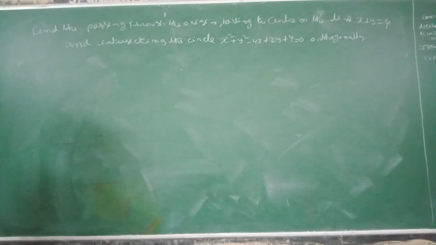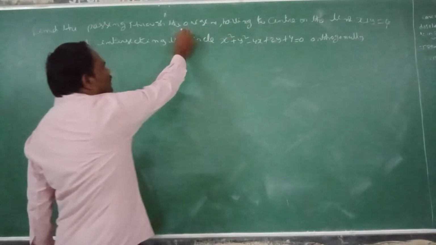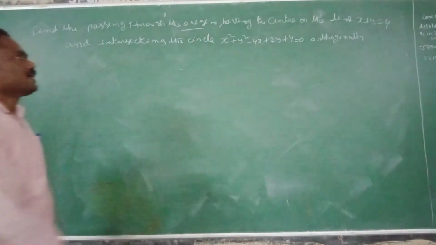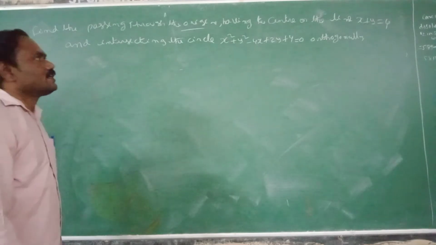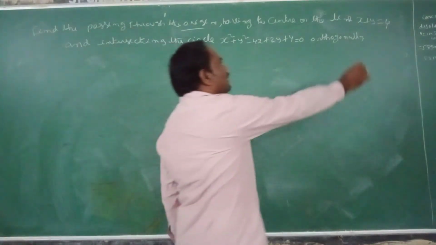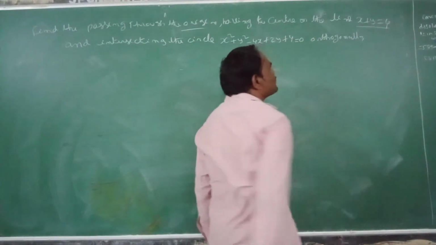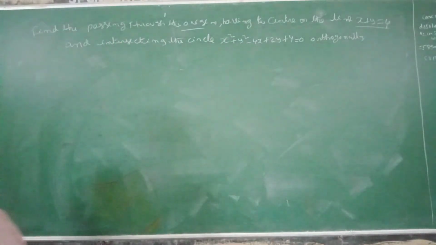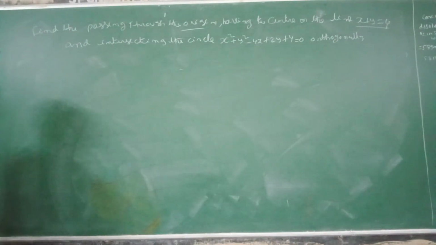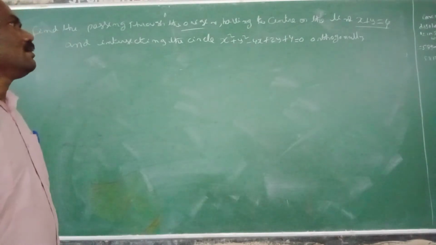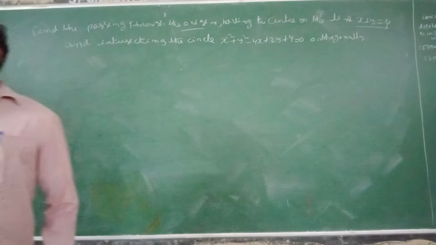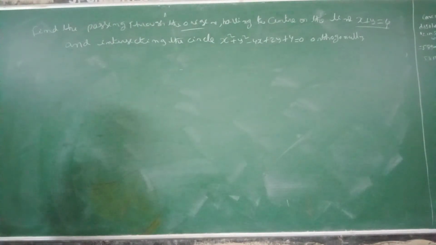So in this problem, the required circle passing through the origin is one condition. The second condition is that the required circle has its center on the line x plus y is equal to 4. And another condition is that the required circle intersects the given circle orthogonally. So based on these three conditions, we find the required circle equation.